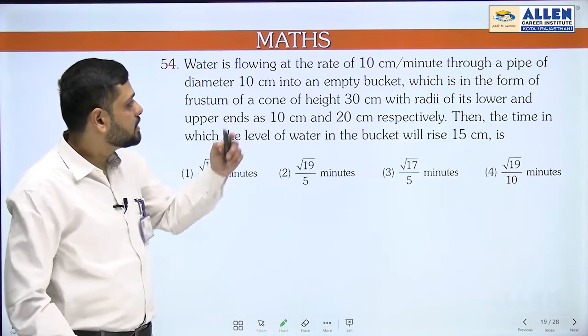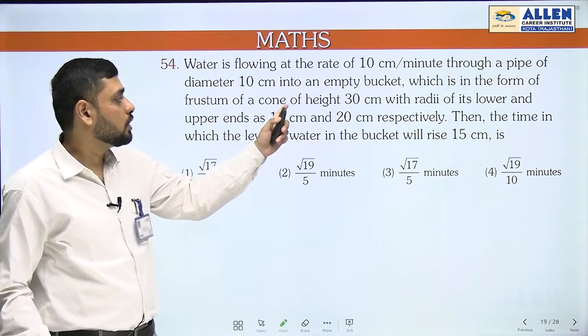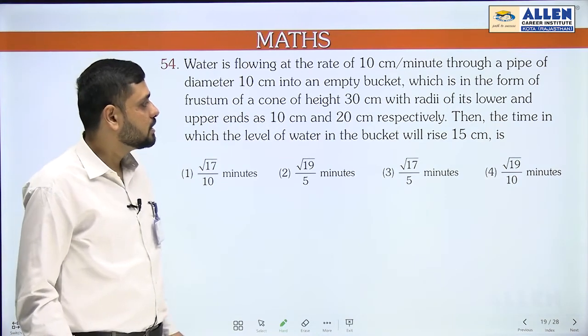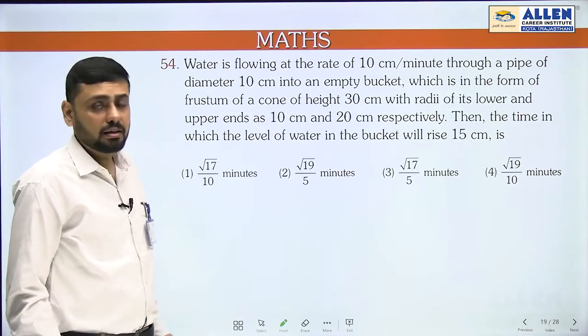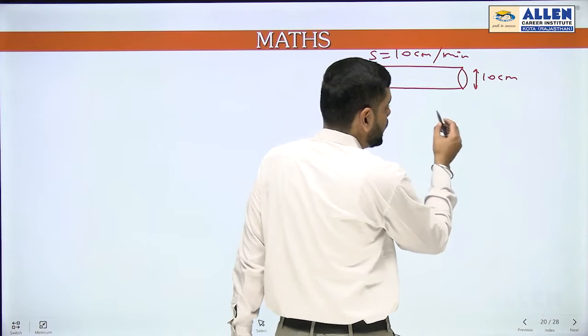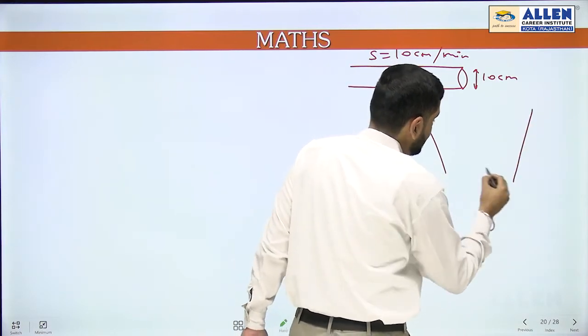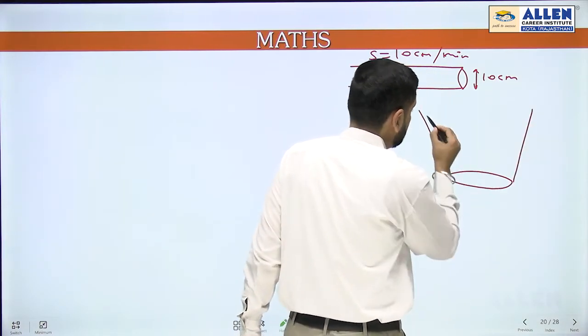And now what is said is the bucket is in the form of frustum of a cone of height 30 with radii of lower and upper ends as 10 and 20 centimeter, right? And this water is flowing in a frustum type bucket.